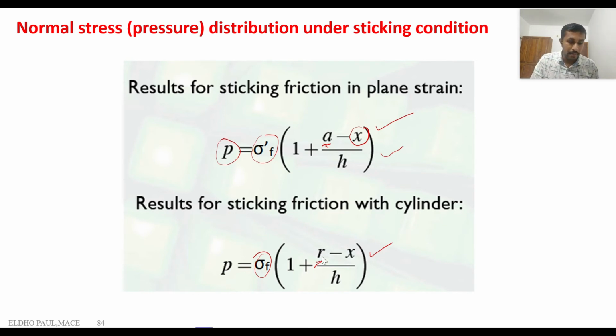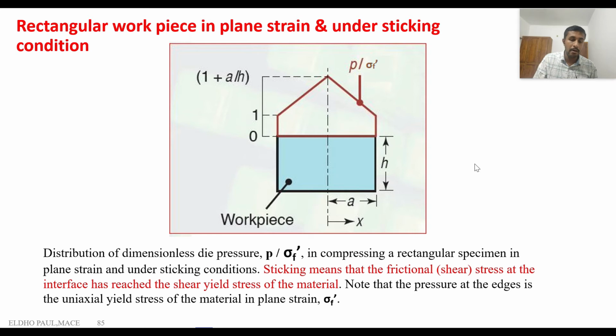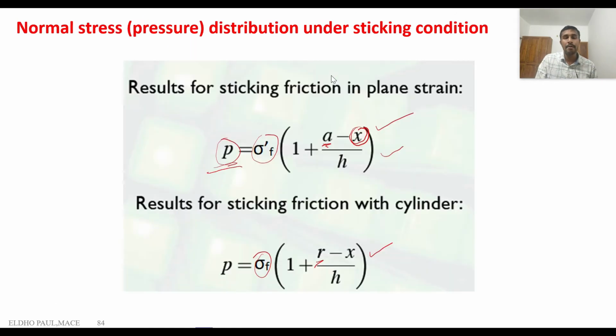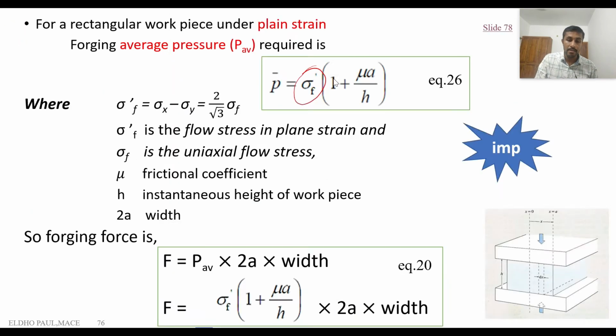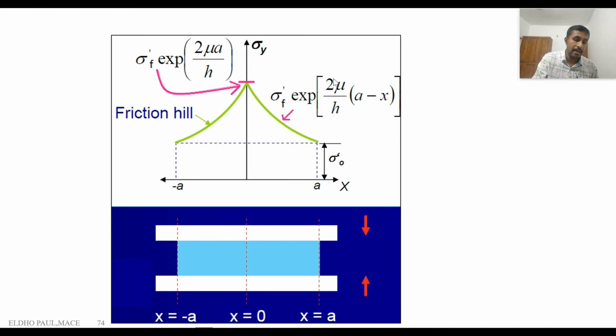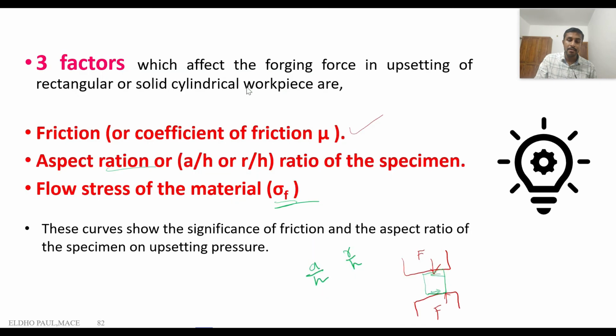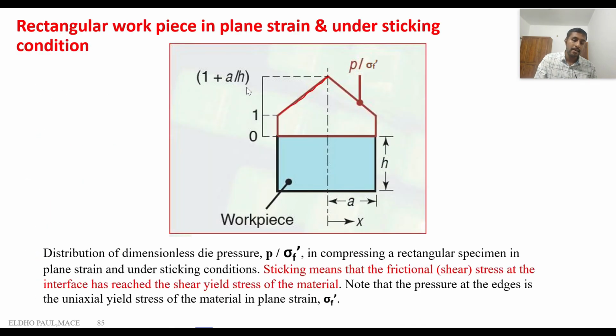We can plot this pressure distribution by varying the value of x. This is the plot. Compared to the previous distributions, where the curve was an exponential curve, here the curve is not exponential, it is a straight line.